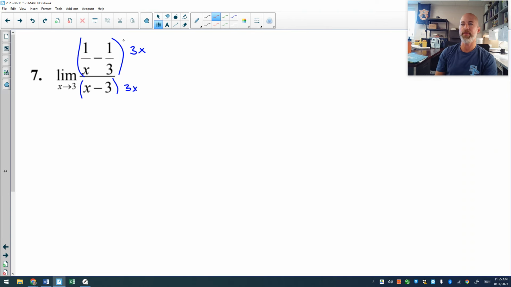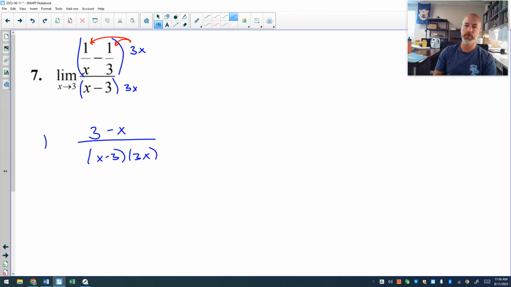Actually, I'm only going to multiply the 3x through the numerator. I'm not going to distribute the 3x through the denominator. When I do that, I have 1 over x times 3x is just 3. Minus, then I have 1/3 times 3x is just x. So I have 3 minus x over x minus 3 times 3x.